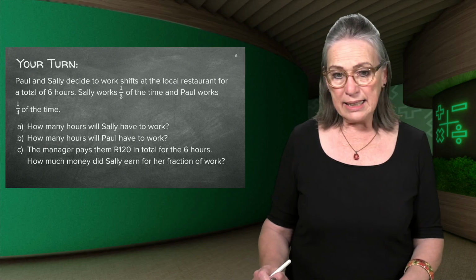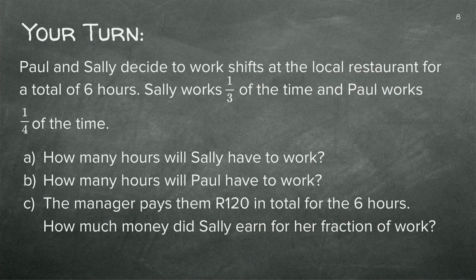Paul and Sally decide to work shifts at a local restaurant for a total of 6 hours. Sally works a third of the 6 hours, and Paul works a quarter of the 6 hours. Okay, so they ask us, how many hours will Sally have to work?